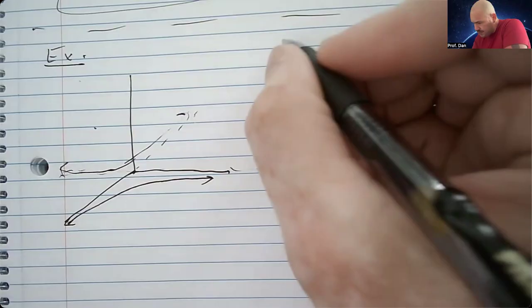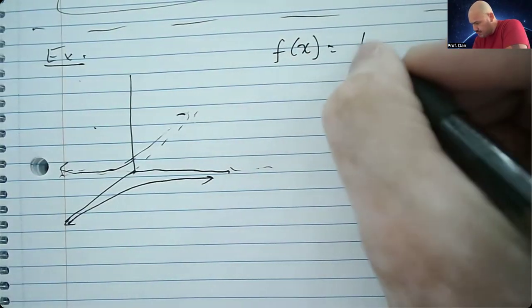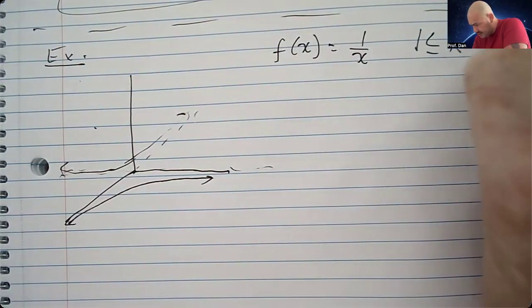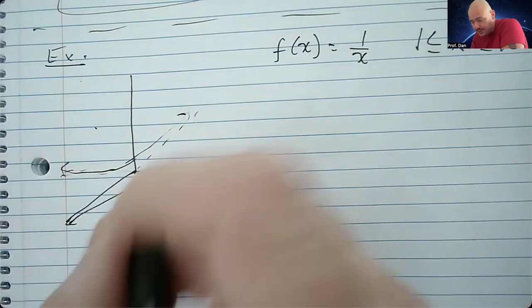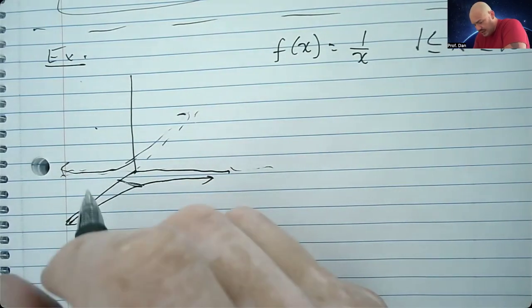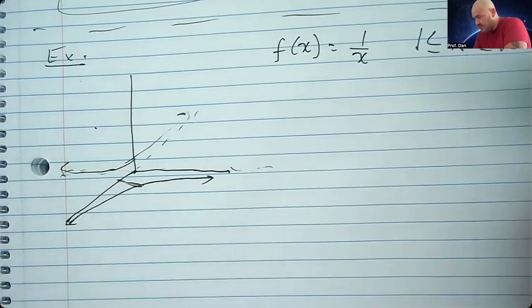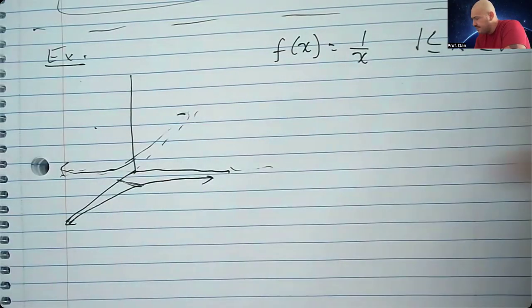So if I wanted to parameterize this function, f of x equals 1 over x, where x is between 1 and 10, first off, that would take off this entire part in the third quadrant. We would only be focusing on this piece. And let's say that I'm parameterizing the solid that we get from revolving this around the x-axis.